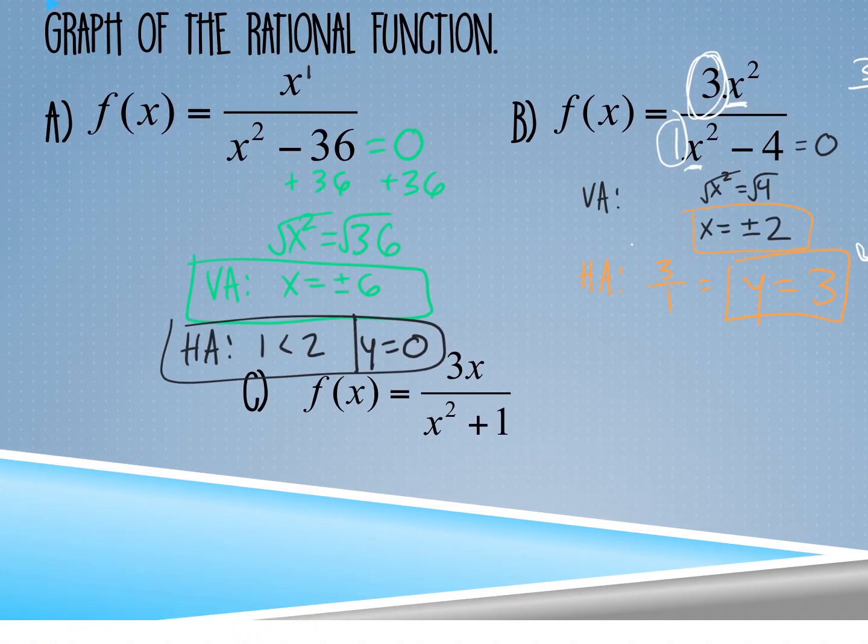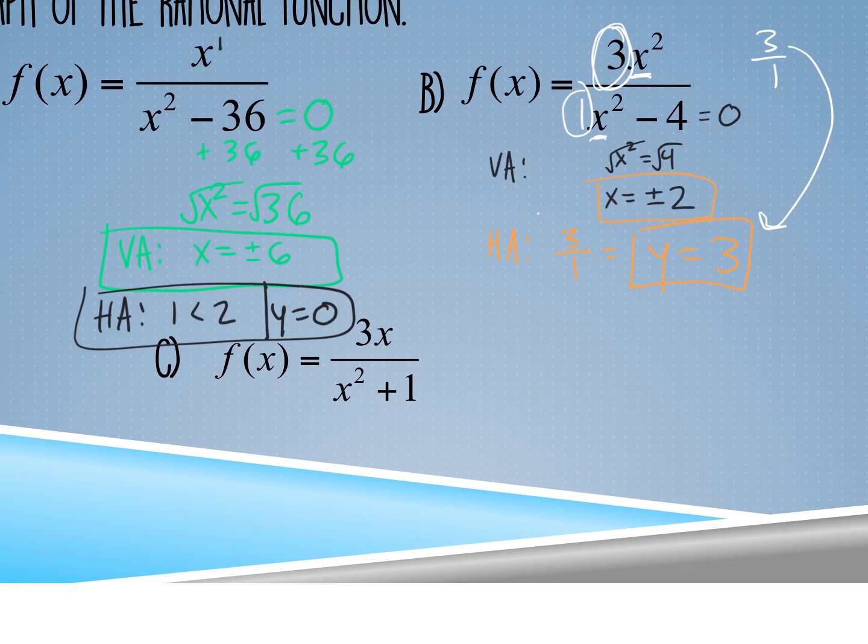All right, and then last one, C down here. What do I do for the vertical asymptote? Set the denominator equal to 0. So I get x squared is equal to negative 1. Take the square root. So what's x equal to? Plus or minus i. So what's my vertical asymptote?